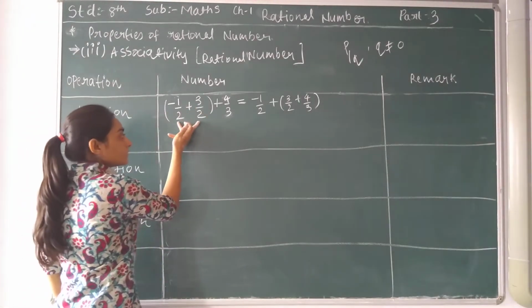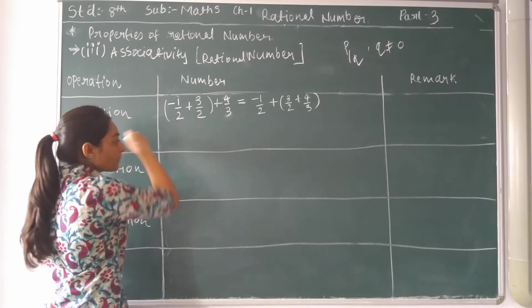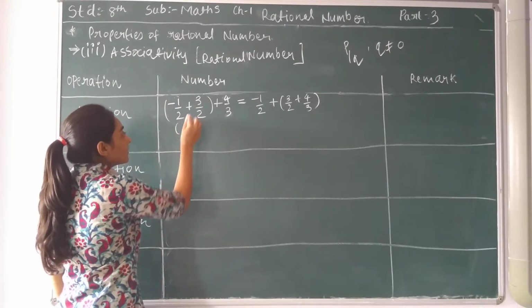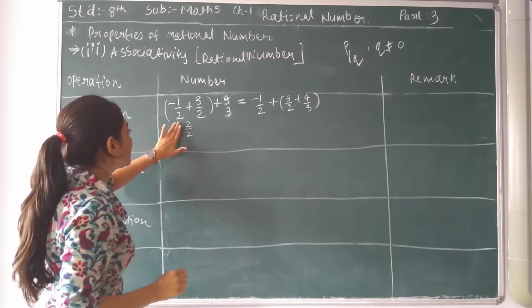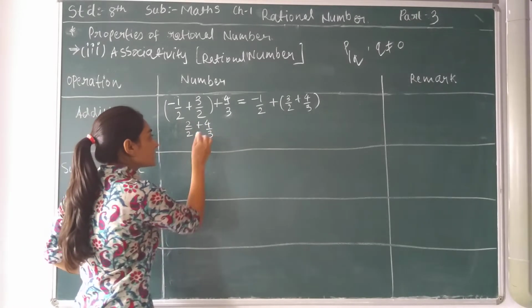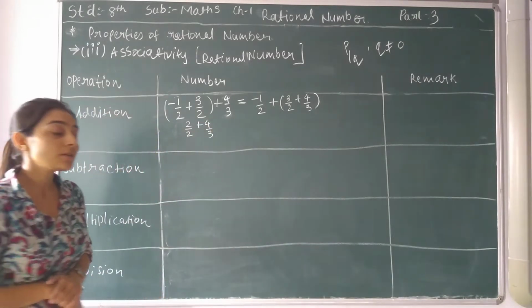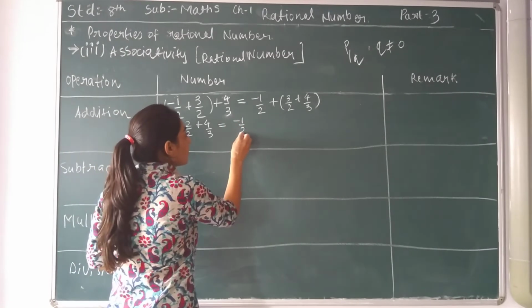My denominator is the same, so I am taking 2 as it is and subtracting this one. So the answer is 2 by 2. I am taking the short form. You should know how to solve these questions. You already learned in 6th standard. Minus 1 by 2.